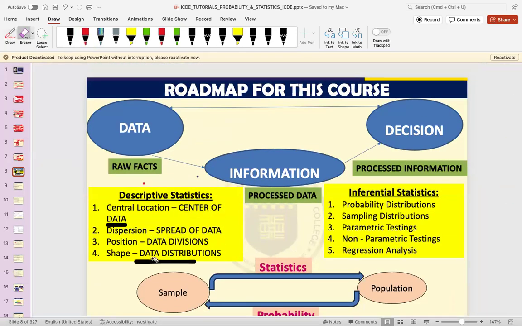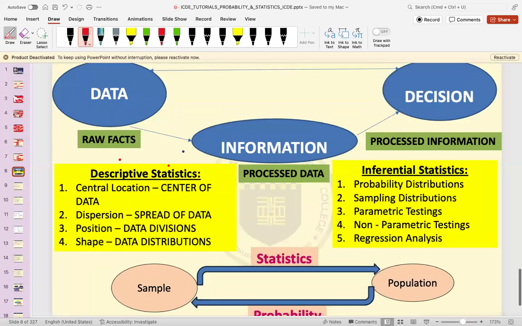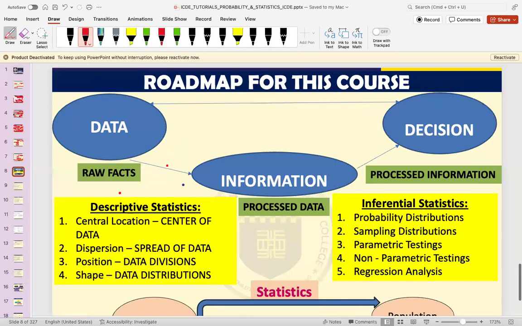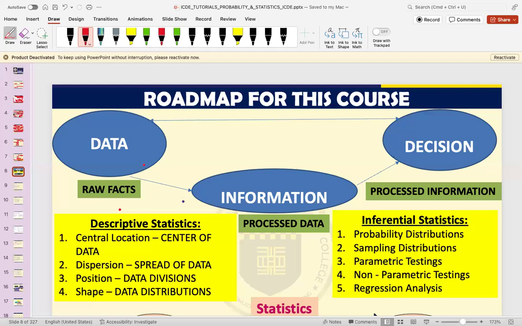There are a couple of concepts and theories we want to learn to inform our decision, that we want to really learn and know how data, information, and decisions are interrelated.